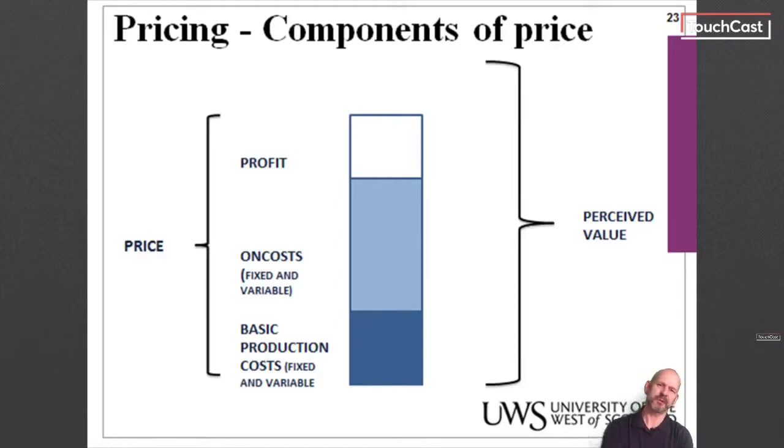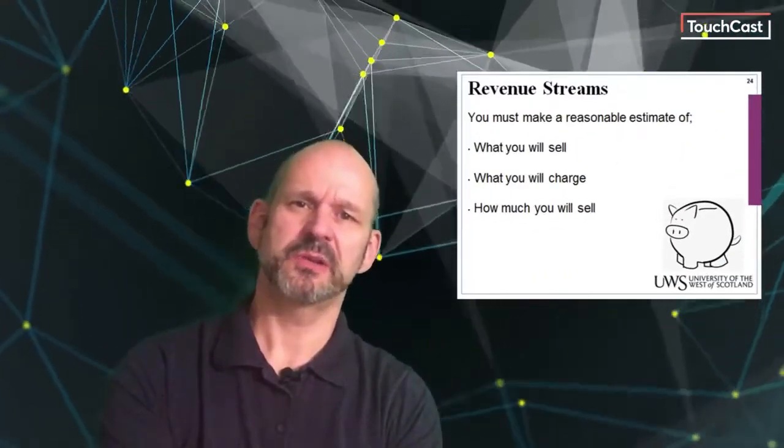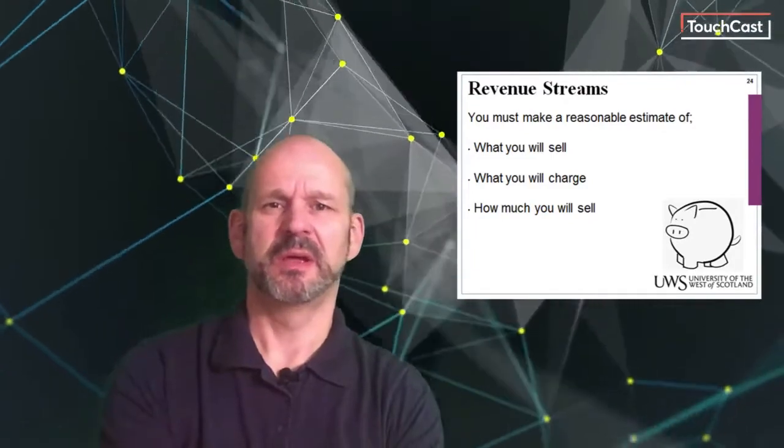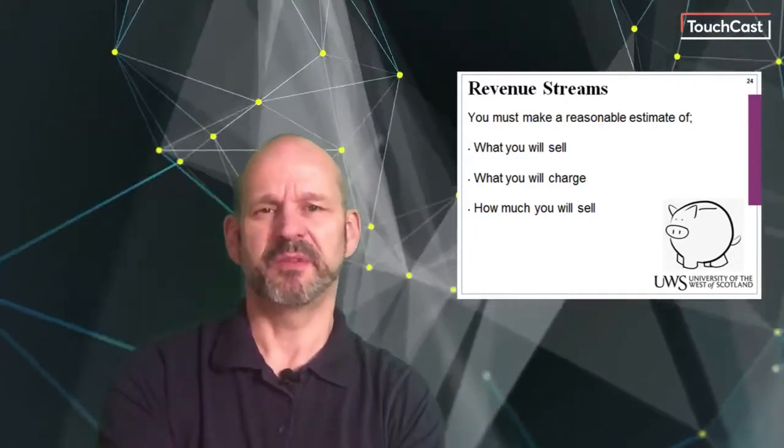We have basic production costs plus on costs plus a profit margin, and this equals price. Now, for the feasibility plan, you must make a reasonable estimate of what you will sell, what you will charge, and how much you will sell, and this can admittedly be very hard to do.